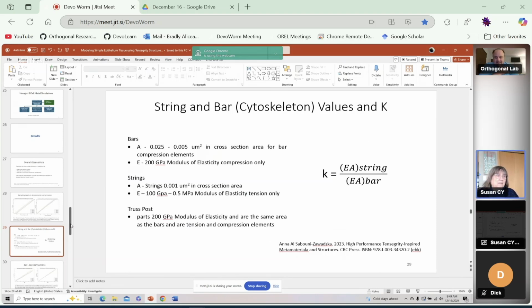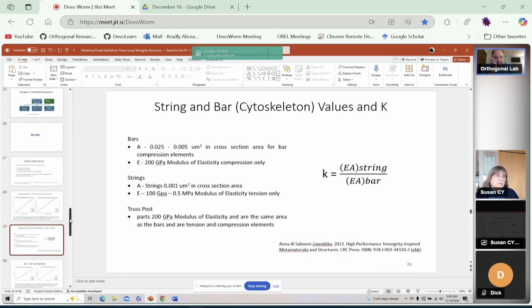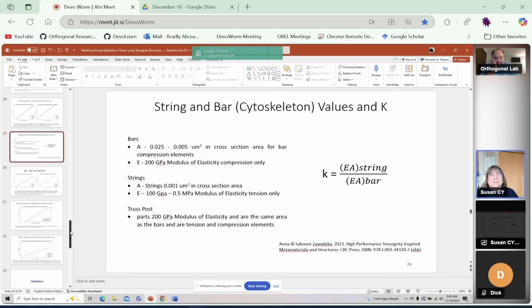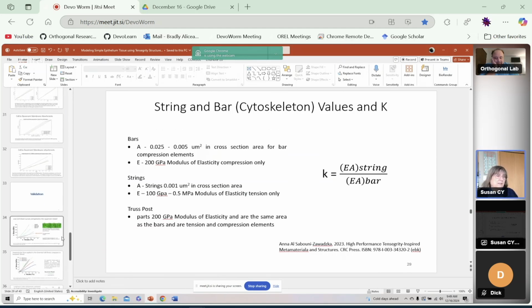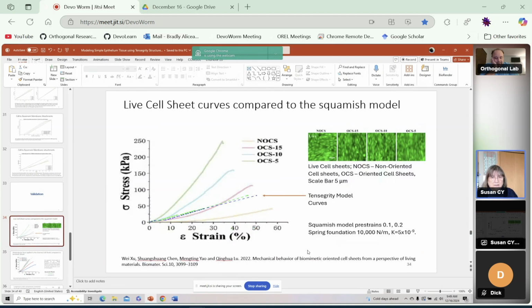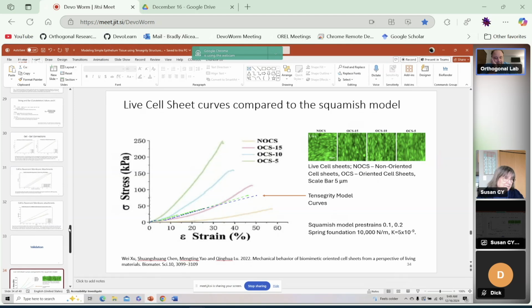Most of my models that I match to the tissue are K equals 5 times 10 to the minus 9, which don't really match the forces in anything except that single cell sheet. But this single cell sheet is closer to my model because it's 3 cells, and these are like, how many? 50?